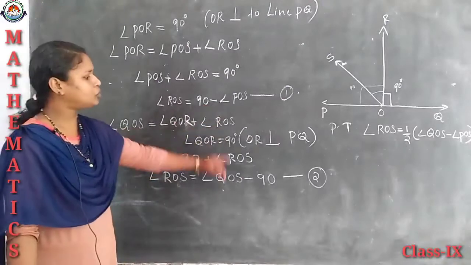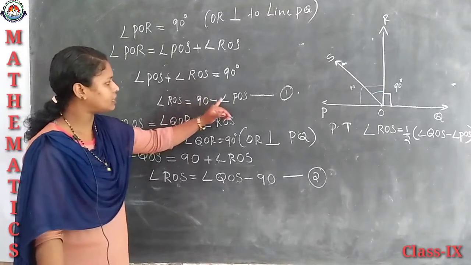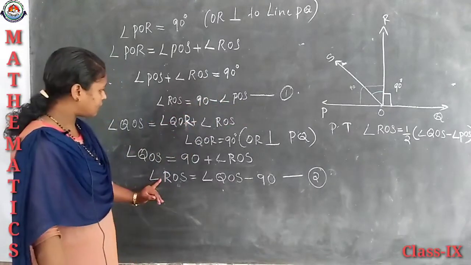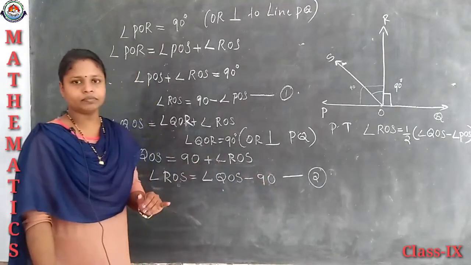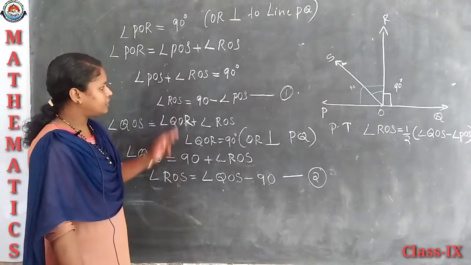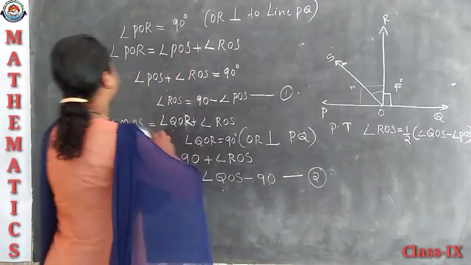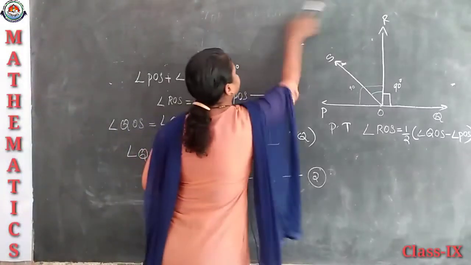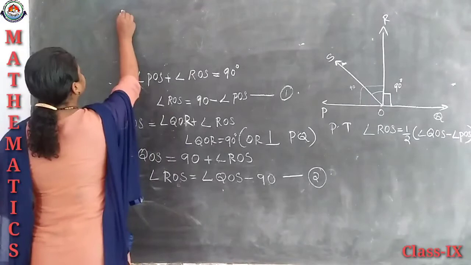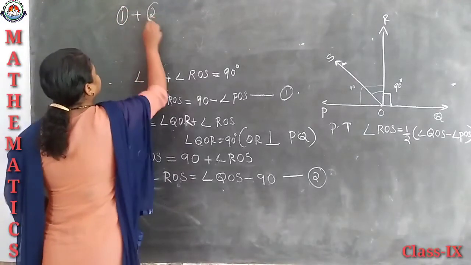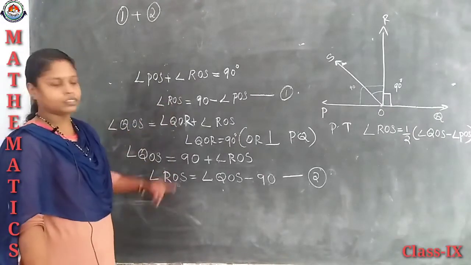Here we have two equations, that is angle ROS equal to 90 minus angle POS, and angle ROS equal to angle QOS minus 90. We can add equations 1 and 2. Adding equation 1 and 2, first we are adding the LHS.